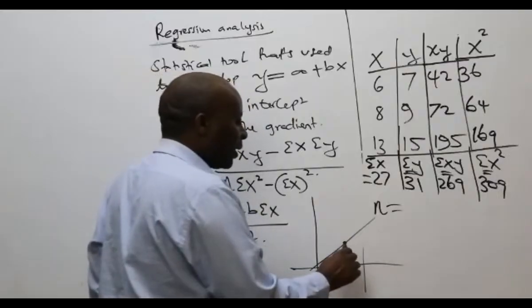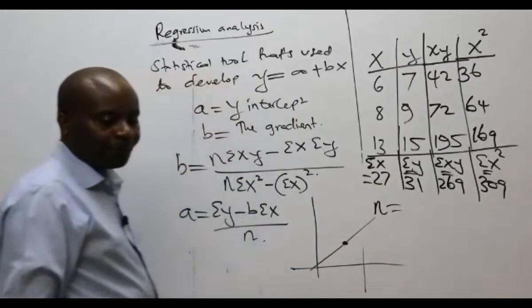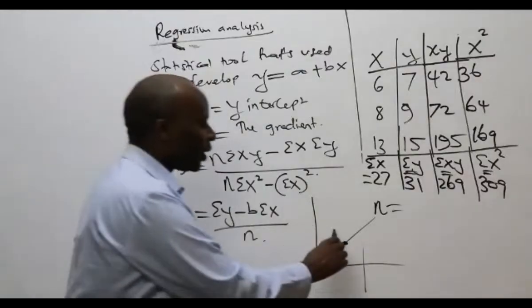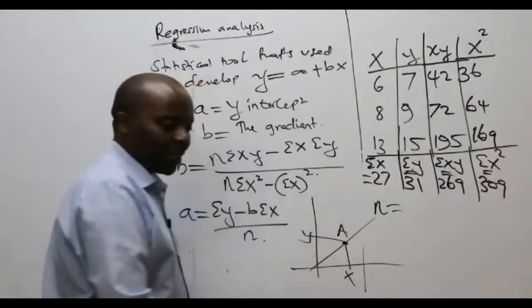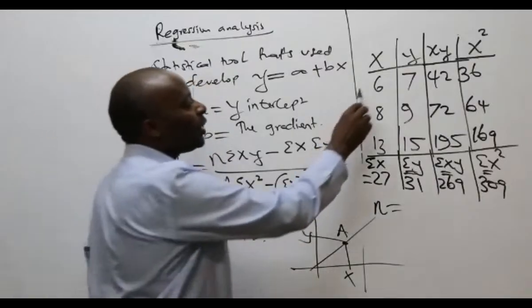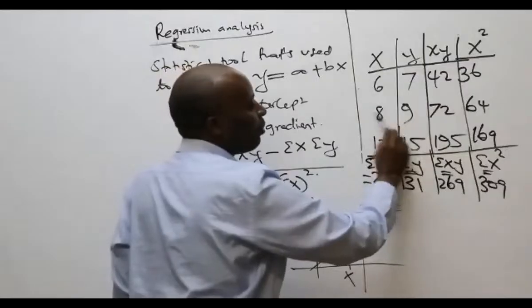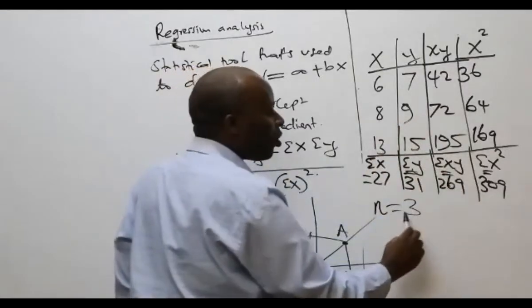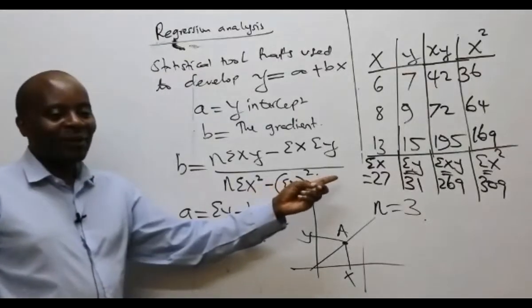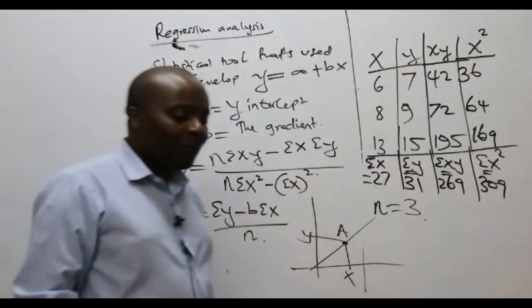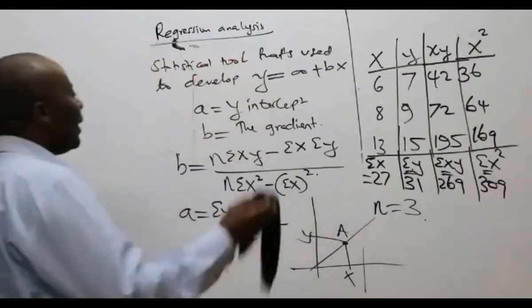If this is point A, it has an x coordinate and a y coordinate. So this is point number 1, point number 2, point number 3. N is 3. Please don't count the totals.